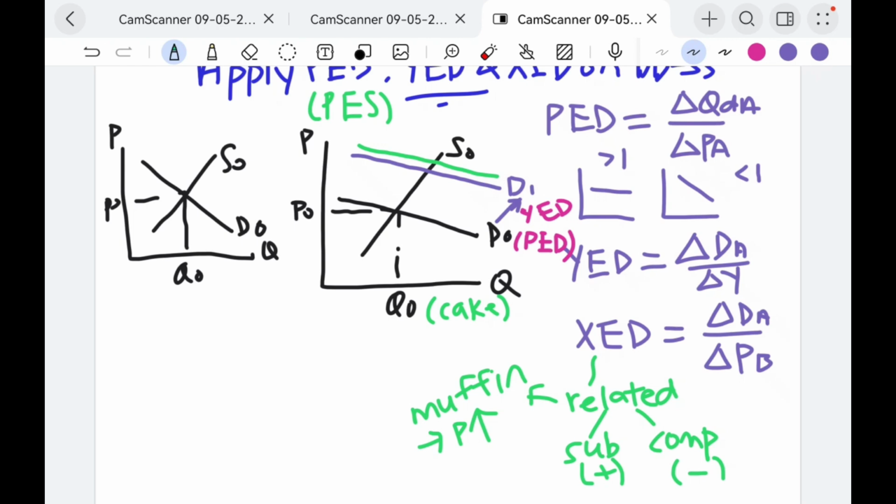Okay, running out of space, so I draw the shift in demand to be very small, but essentially I'm layering on the application of the elasticity. So from D0 to D1, it is applying your YED, and from D1 to D2, I'm applying my XED.